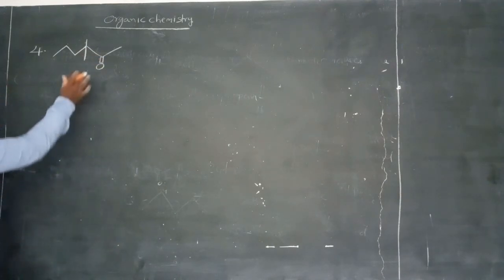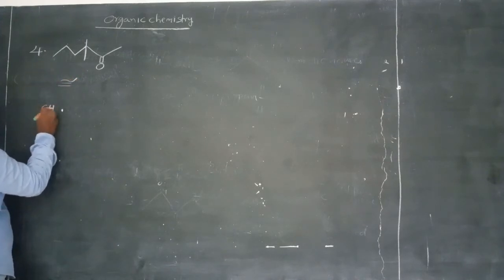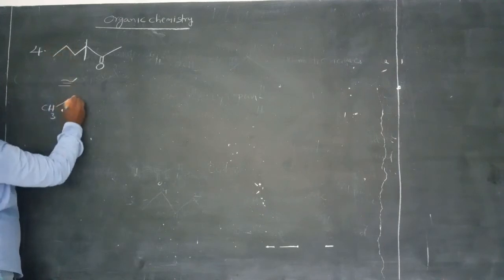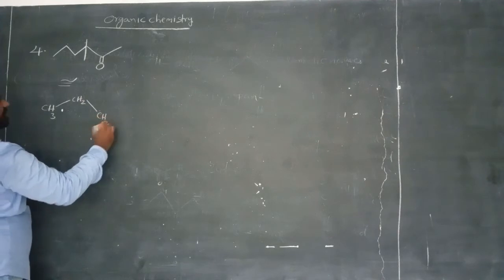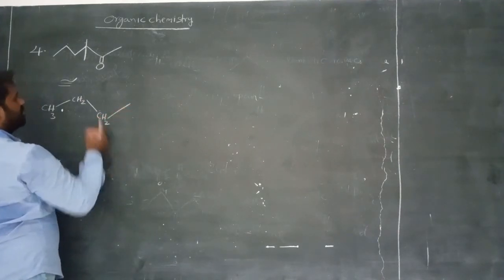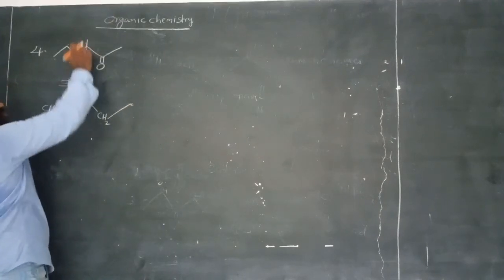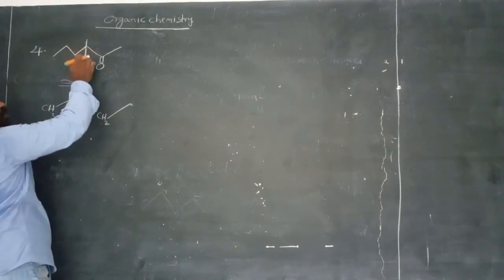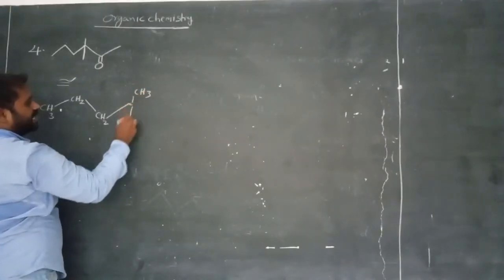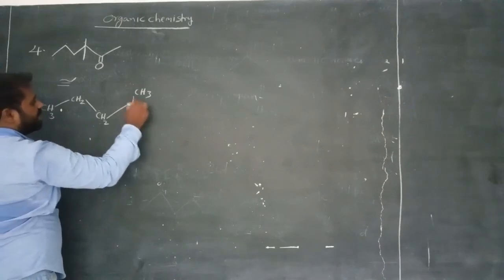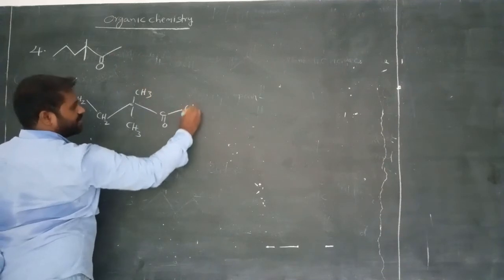Okay, we can represent this structure as CH3 bond, this corner represents CH2, this carbon represents CH2. Here is the carbon, am I right? This carbon consists of 2 methyl groups. This means a methyl group, one methyl, one methyl. This carbon consists of 3 methyl groups, like this. And this is the carbon with C double bond O, and this means CH3. Clear?